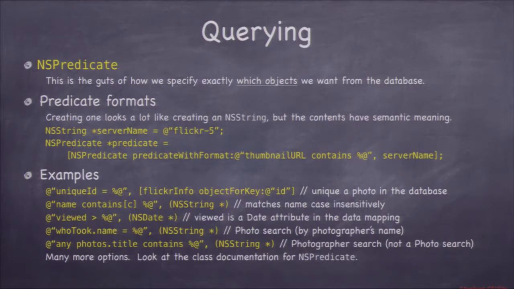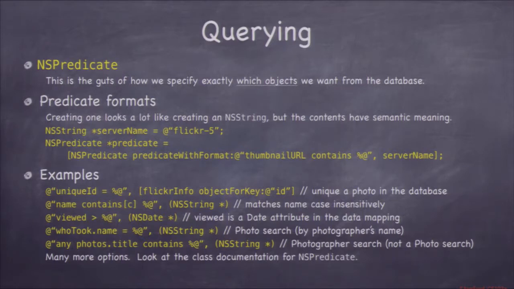You can have greater than and less than. So if I had a date property called viewed, I could say if viewed is greater than a certain date, like today's date, for example, or it would be, I guess, less than today's date, or less than today's date minus 24 hours, or whatever. So you can use greater than and less than. You can use dot notation to follow relationships. So you can say who took dot name equals CS193P instructor, right?